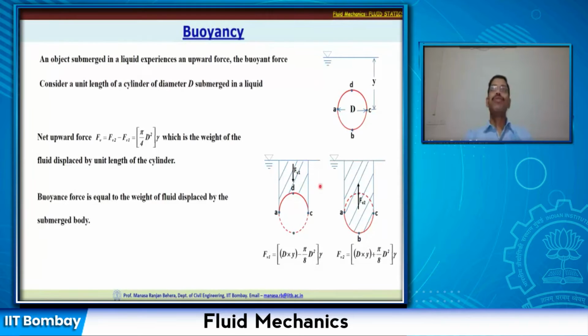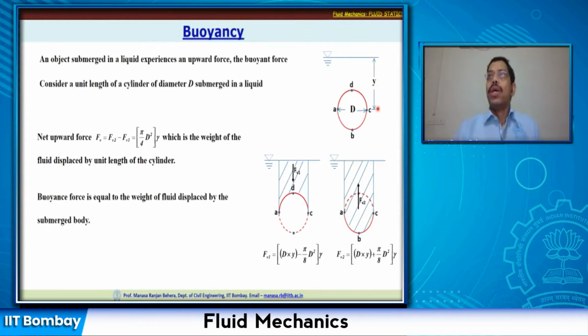So, if we look at this body, which is ABCD, it is a sphere, or let us say it's a cylinder. So ABCD is a cylinder that is submerged in the fluid, and the fluid free surface is here, and you have the distance y, from the free surface of the fluid to the center of the cylinder.